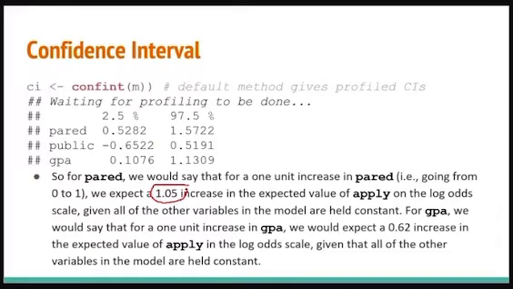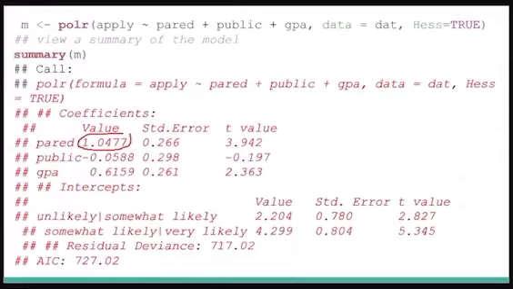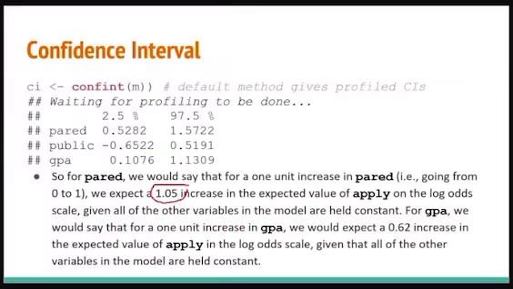Now I'm going to do the same thing for the GPA. If I want to interpret the GPA, take a look at that guy, 0.6159. I actually use 0.62 to 2 decimals.